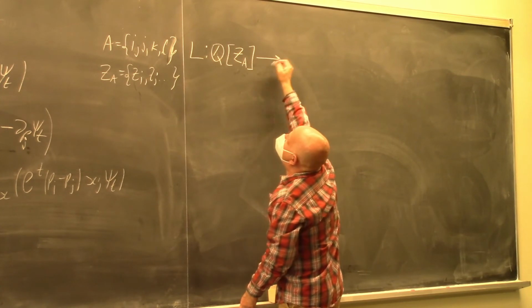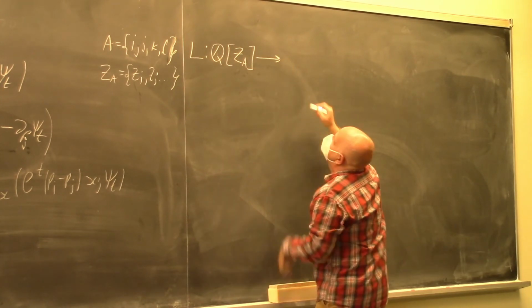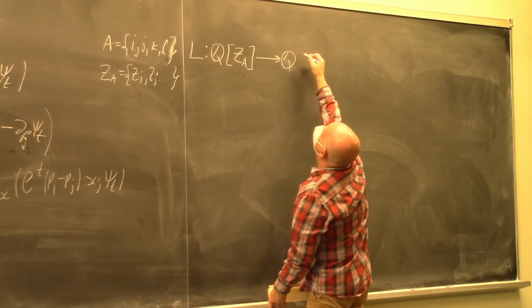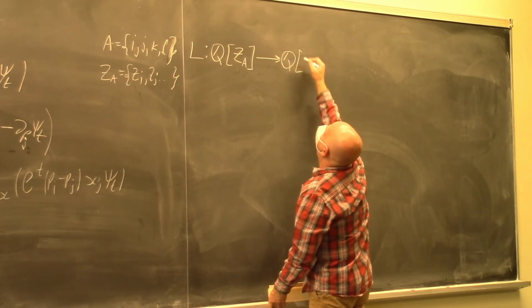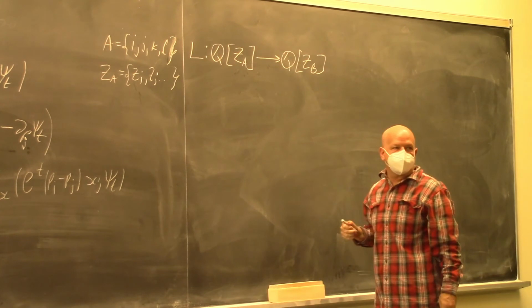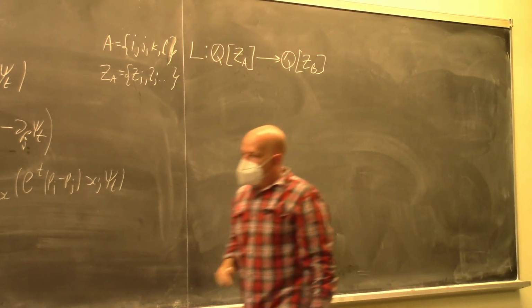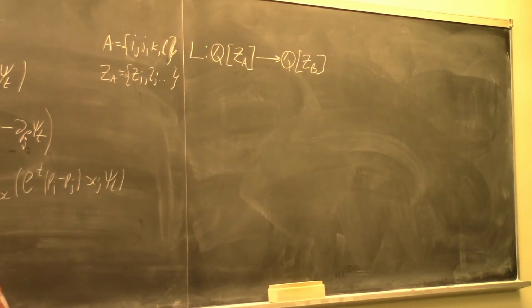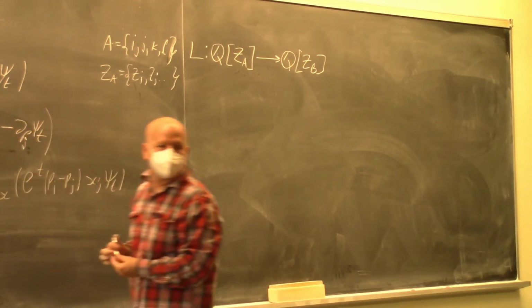And I have a map L going from here into the polynomial ring in variables Z sub B, where Z sub B is some other finite set. In our case, the finite sets are pi, pj, xi, xj, sorry, written here, okay?